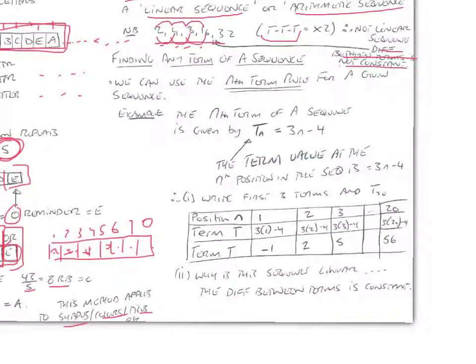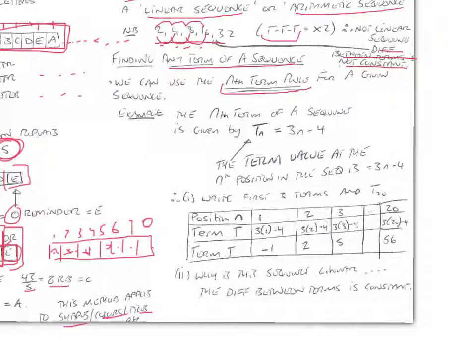So let's see how to find any term of a sequence. We can use the nth term rule for a given sequence. Sometimes we're given the nth term rule, and we'll shortly be learning how to find what the nth term rule of a sequence is.